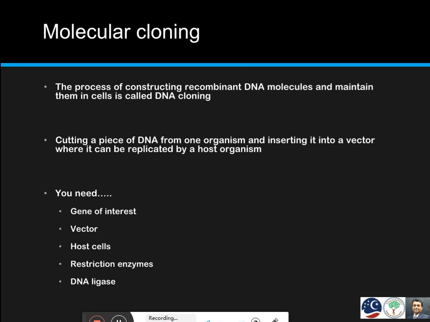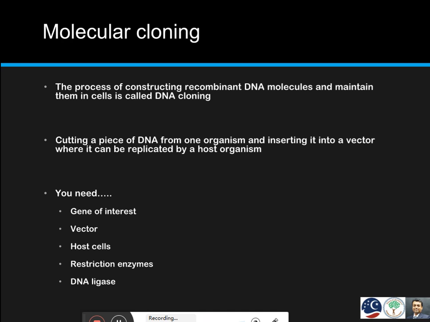Now, let's get a little more specific. DNA cloning involves the process of combining two DNA molecules, that is, a recombinant DNA, and then maintaining them in specific cells. This whole process requires a lot of techniques which we are going to see now.